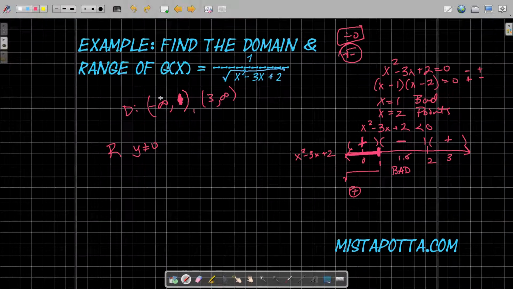So I know that I'm positive on this domain. Similarly, because this expression is positive, the square root is also going to be positive. So I know that I'm positive on this domain. So it's not just that y is not equal to 0, but y is strictly greater than 0.